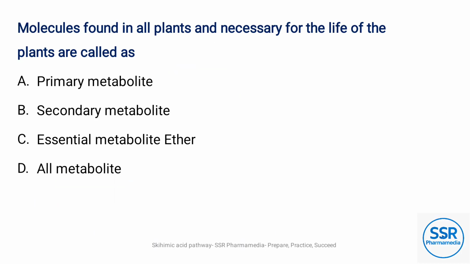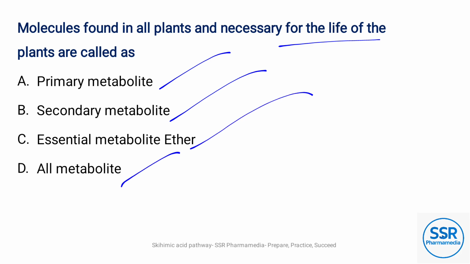We move into the questions. Molecules found in all plants and necessary for the life of the plants are called: option A, primary metabolites, option B, secondary metabolites, option C, essential metabolites, option D, all metabolites. So the answer is option A, primary metabolites.